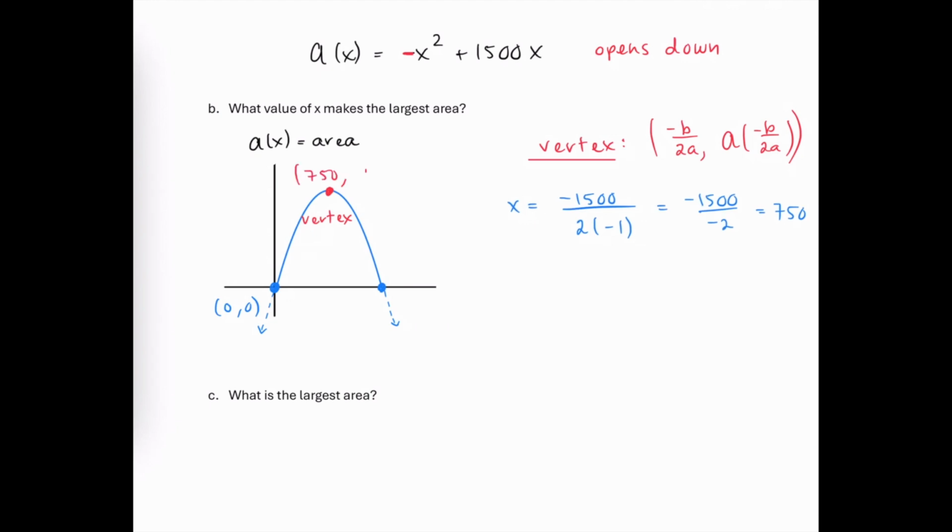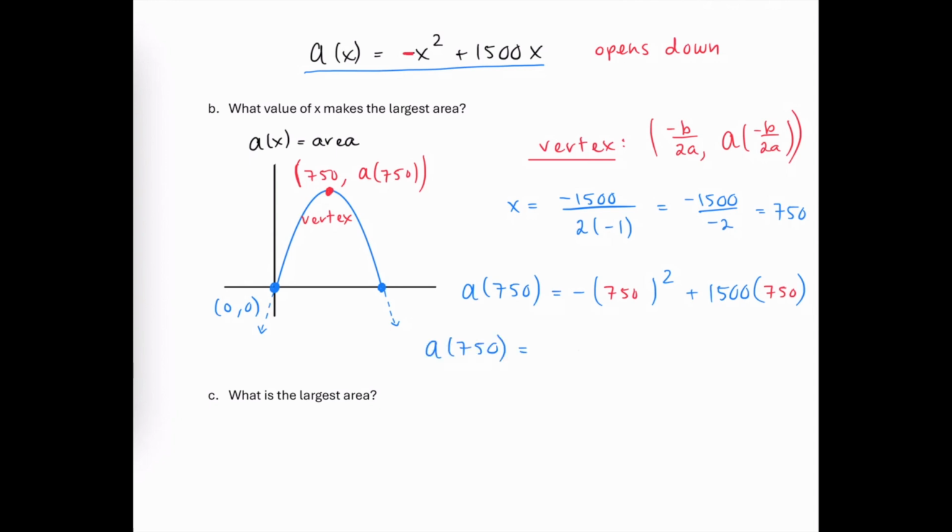To determine the corresponding output, we're going to take that 750 and plug it into the area function. To calculate the area function evaluated at 750, we'll plug 750 in for the x's and get negative x squared plus 1,500x, and plug 750 into those x spots. So this negative is not being squared. We're just going to square the 750.